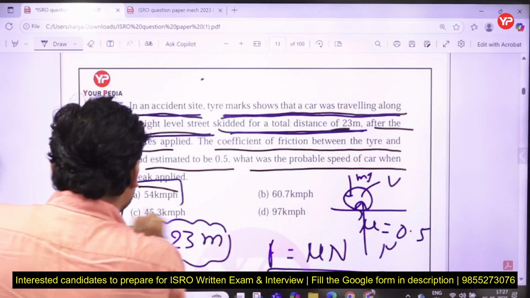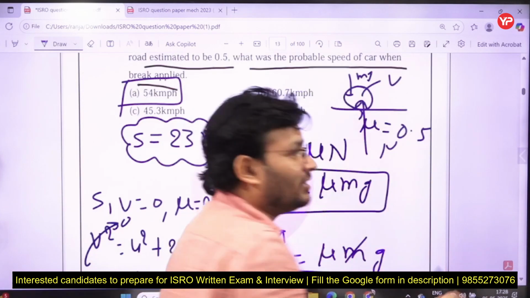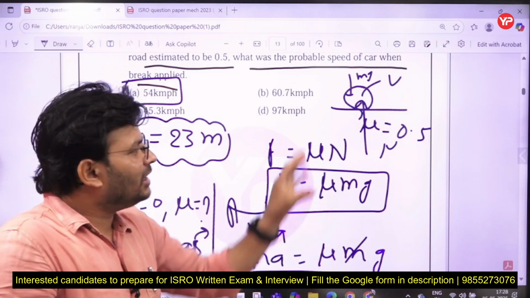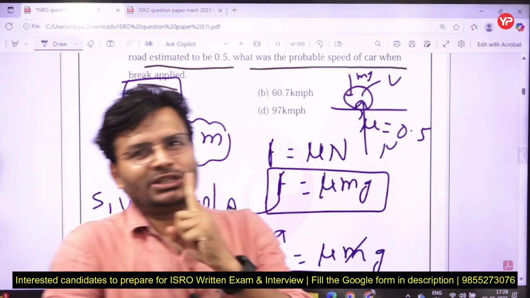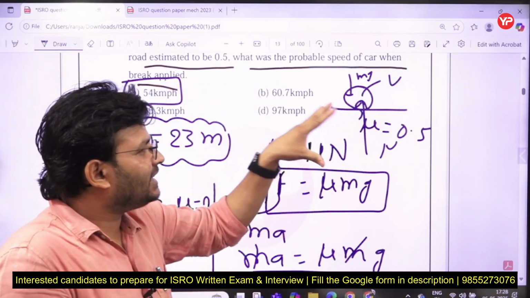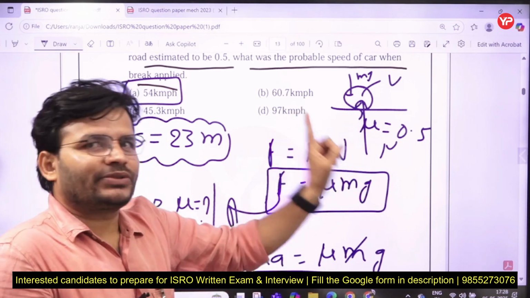So what was the approach to think? First, draw whatever has been given in the question. Believe in your concept and have a positive attitude. First think: when the brake is applied and skidding takes place, the vehicle will stop only because of the friction force.